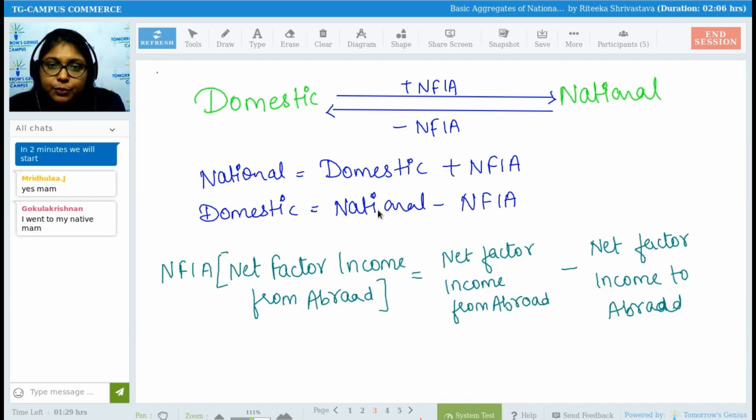At times it will be directly given to us in the question. At times it will not be given. So what we have to do, we have a formula: net factor income from abroad minus net factor income to abroad. Okay. Is the second part also clear to you all? They do not have any alternative names, so I have not given you any alternative names for it.